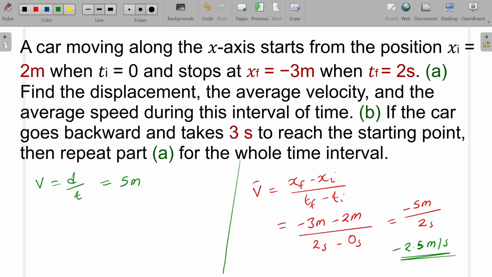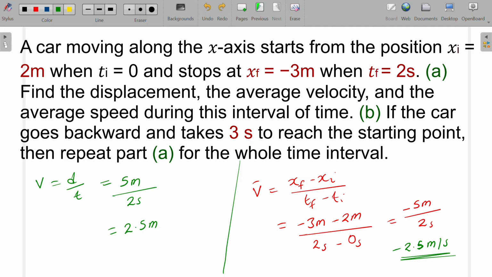The time used is still 2 seconds. When we do our mathematics, we are still getting 2.5 meters per second.